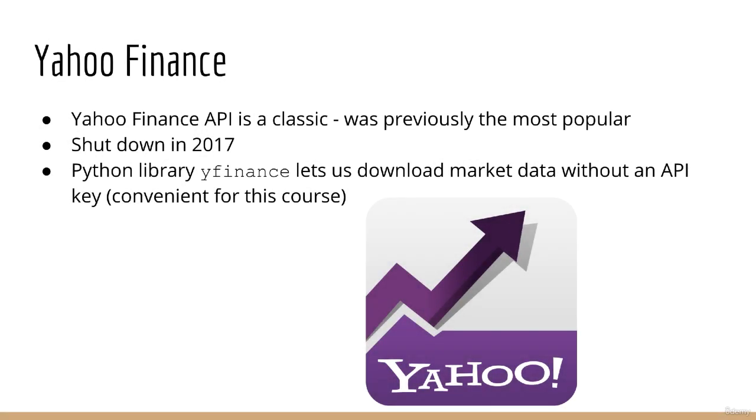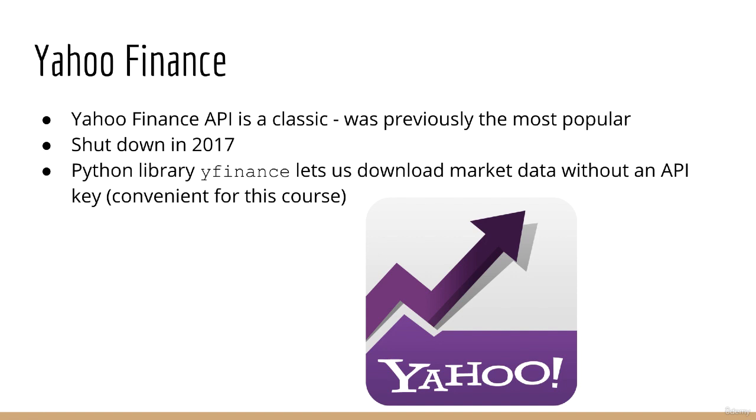Finally, we have the Yahoo Finance API, which is the inspiration for a library we will look at briefly and make use of in this course. I say briefly because once we've downloaded our data and converted it into a CSV, it will no longer be needed. So the Yahoo Finance API is actually a classic API for financial data, and it's always been near the top hit on search engines when you search for financial data, which was the case for many years.